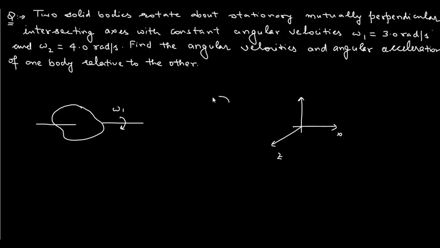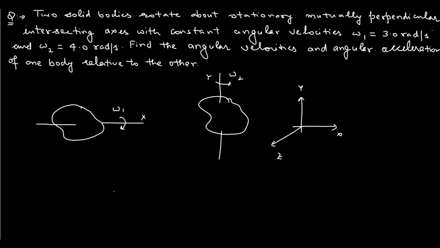So we have another body, and this is rotating about the y-axis with an angular velocity omega 2. So these two are rotating with constant angular velocities omega 1 and omega 2, and these are two perpendicular axes. This is along y, this is along x.